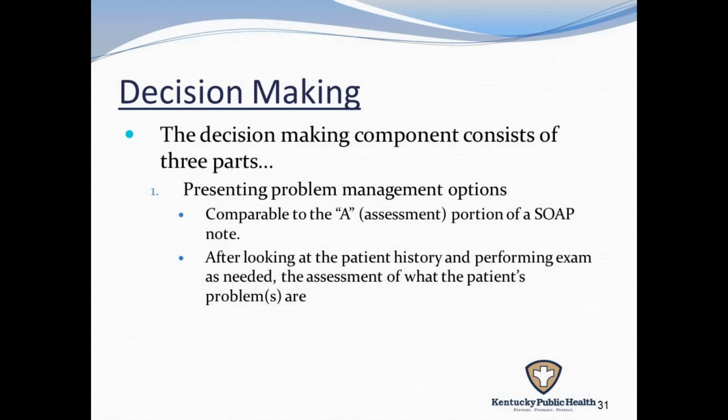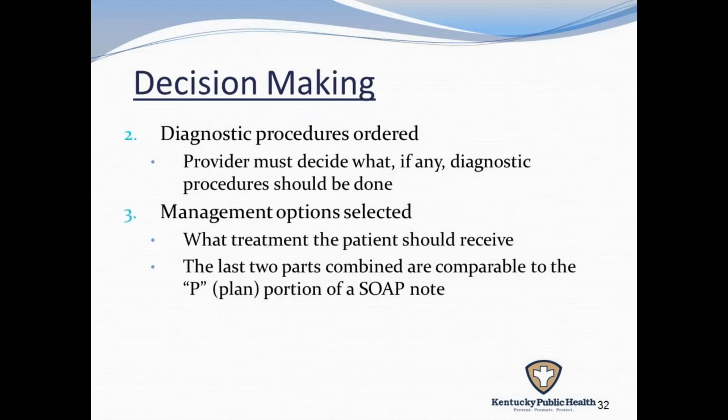The decision-making component consists of 3 parts. This is where your presenting problem management options are going to be put into what I compare to the assessment portion of your SOAP note. That's your A. So it's assessment. After looking at the patient history and performing an exam as needed, the assessment of what the patient's problems are is where this is going to be.